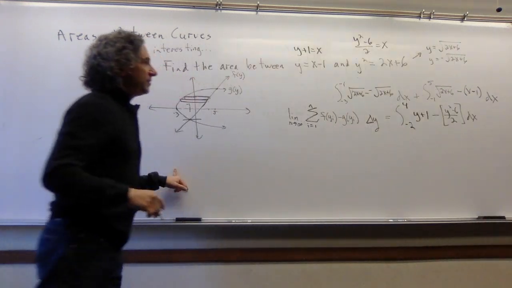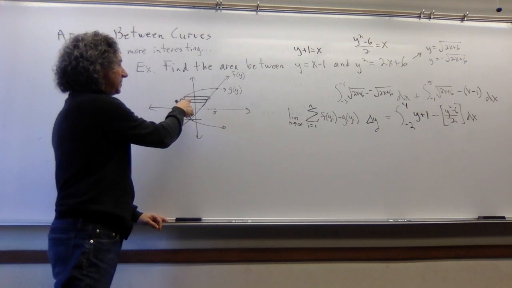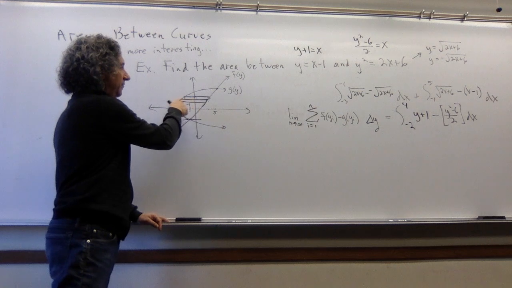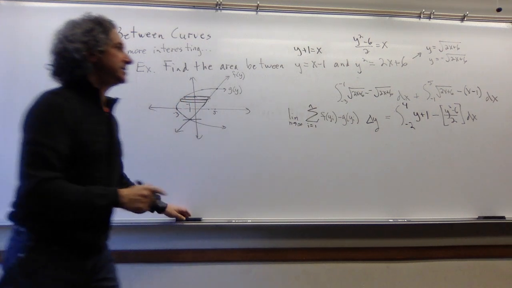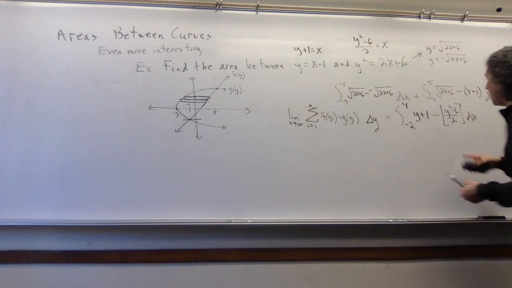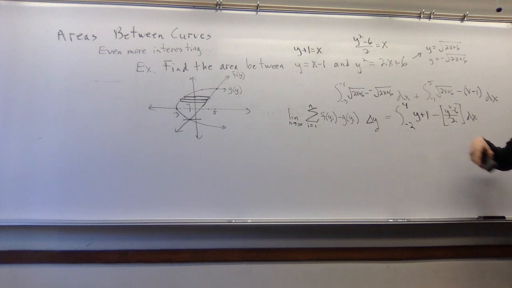And the reason, again, that I'm subtracting it is that it will give me the opposite of that x value, which makes it a positive value. So what I'm doing is I'm adding these two guys together to give me the length of the ith rectangle. Now, small typo here. That should be dy.